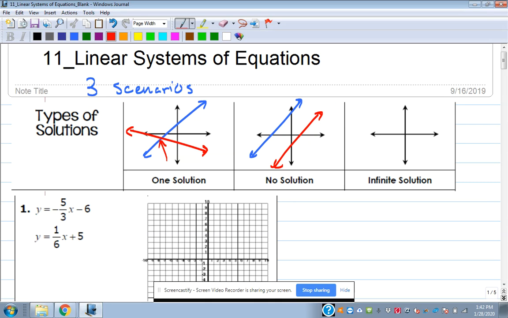And then infinitely many solutions, or infinite solutions. What would that look like if intersecting is one solution, and never touching is no solution? What would be infinite solutions? Yeah, they're laying right on top of each other, just smack dab on top of one another. So that's how we're going to draw that.